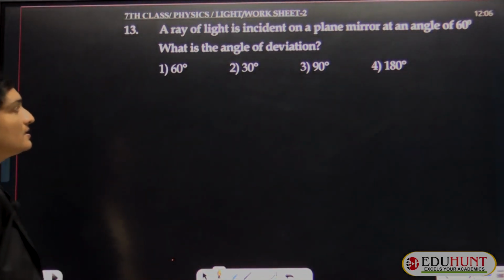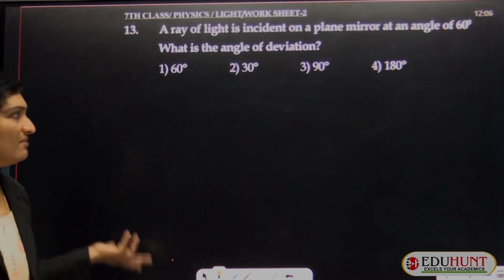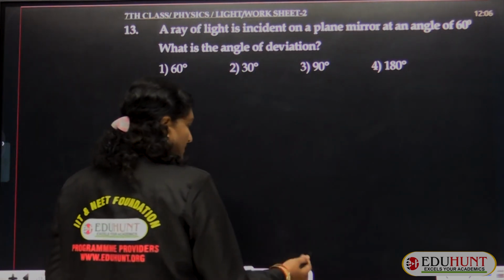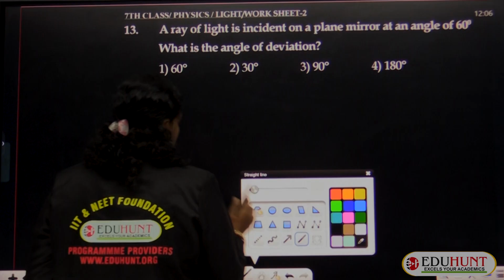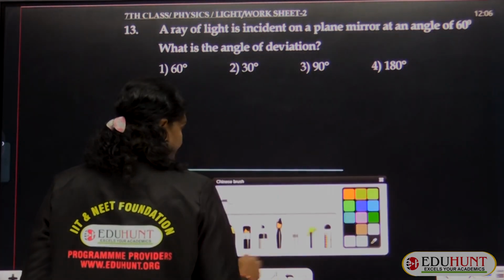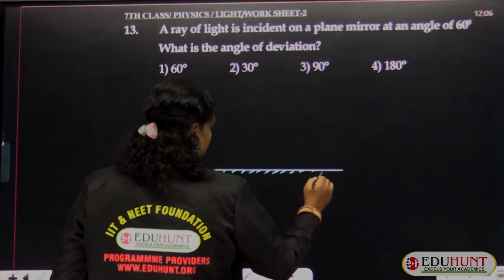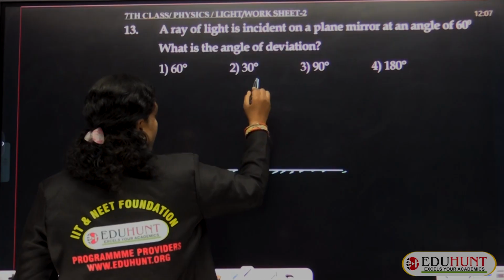Now, the 13th question. A ray of light is incident on a plane mirror at an angle of 60 degrees. What is the angle of deviation? The previous problem is the same as this one; the same problem is repeated in a different version, children. For this, let us imagine a plane mirror with a normal drawn to it.